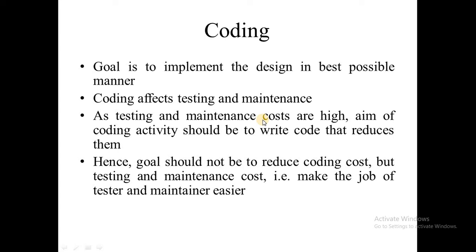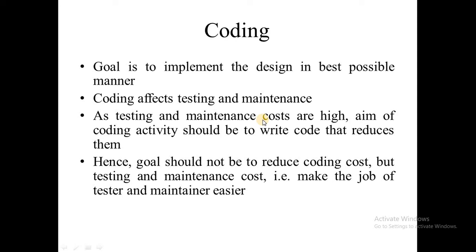So the coding phase has two goals. One is implementing the design in the best possible manner, and the second is to reduce the testing and maintenance cost as much as possible. The goal should not be to reduce the coding cost, but to reduce the testing and maintenance cost. So make the job of the tester and maintainer easier.